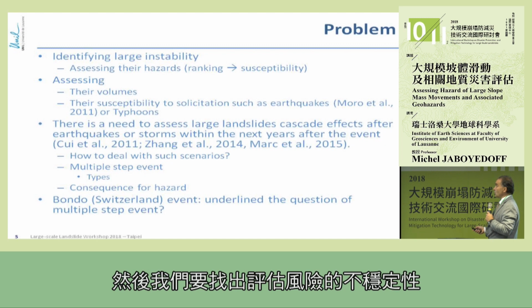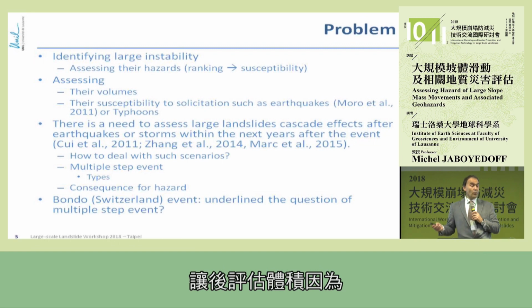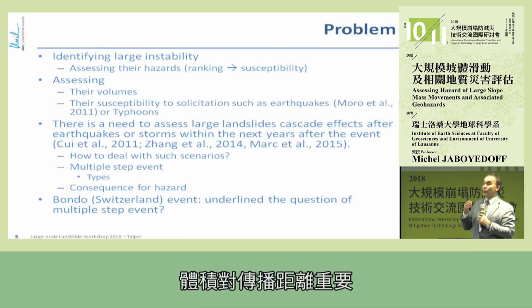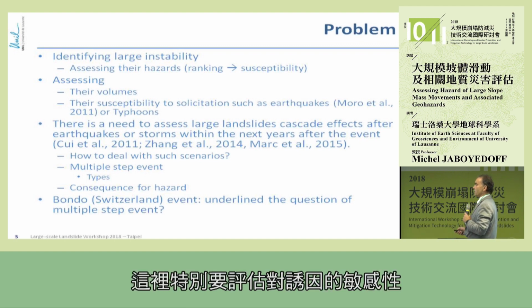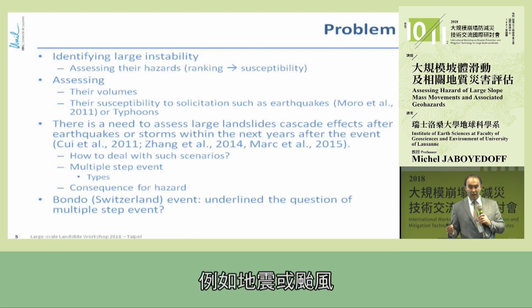Then we need to identify instability, rate the hazard, and then assess the volume, because the volume is important for the propagation distance, and also to assess, especially here, the susceptibility to solicitations such as earthquake or typhoon.